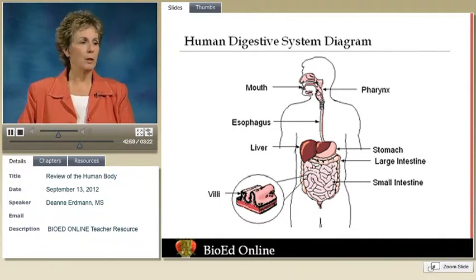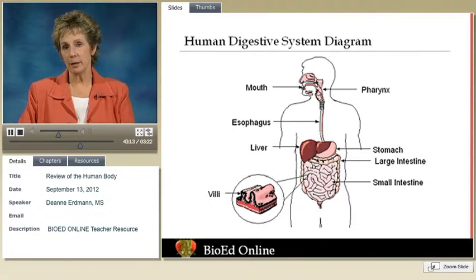So if you look inside the intestine, you have small folds called villi, and if you look even further on the villi, we have microvilli. So all of that increased folding gives you more surface area for secretion of materials into the intestine to help with digestion and absorption of the materials once they are digested.